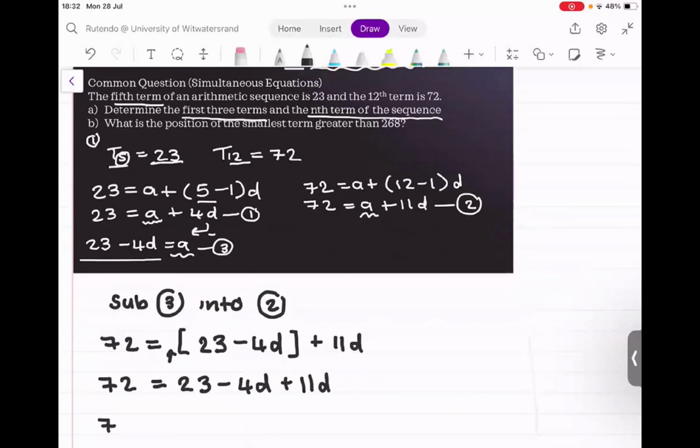So I'll have 72 equals 23 plus, what is 11 minus 4?